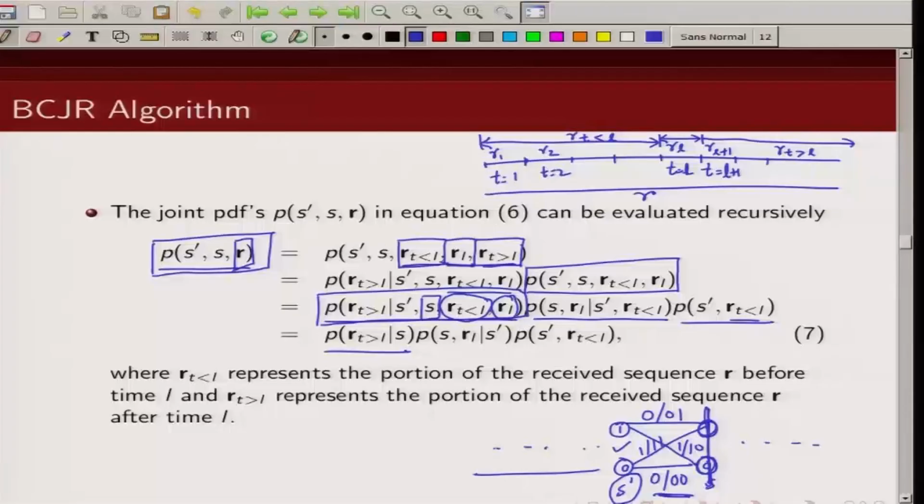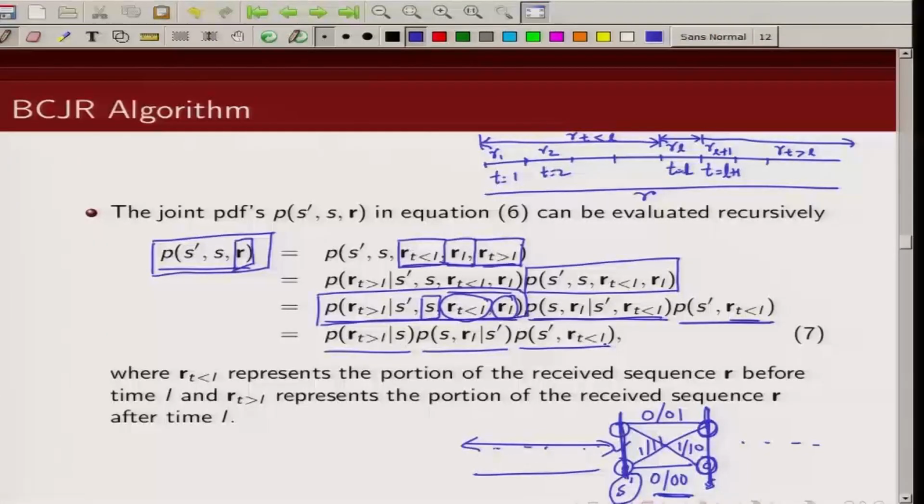Now, same thing here, look at the probability of being in S with R L given previous state and given the input before time t equal to L. Now, if I specify what the previous state is, then I do not need what was my input at time t less than L. So, this can be simplified into this expression, and then of course, we have this third expression which is this.